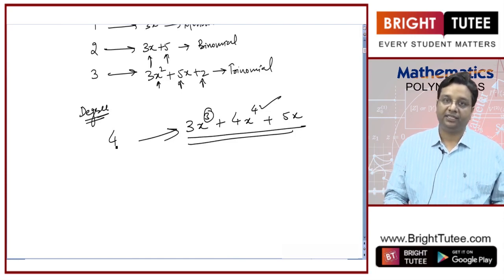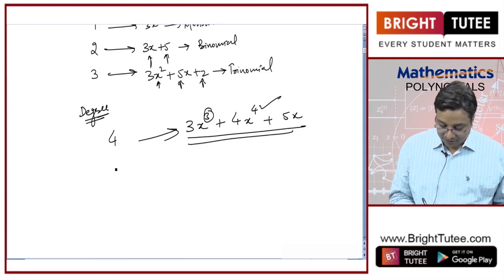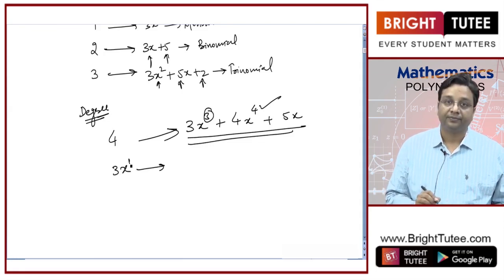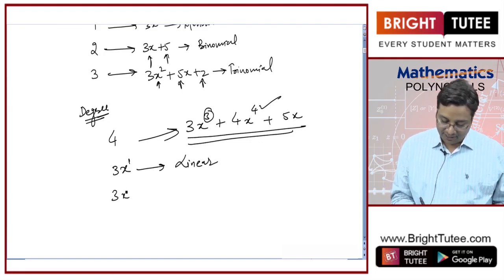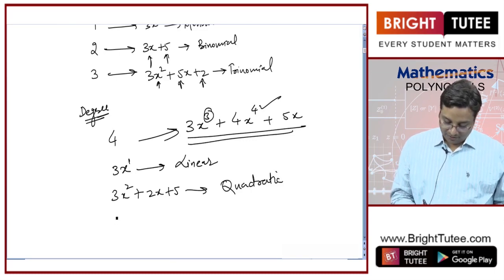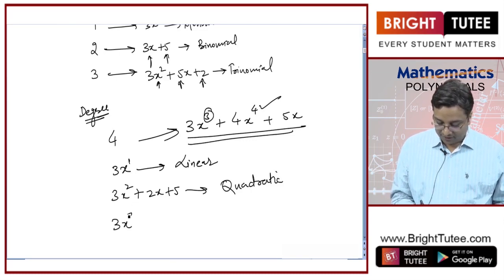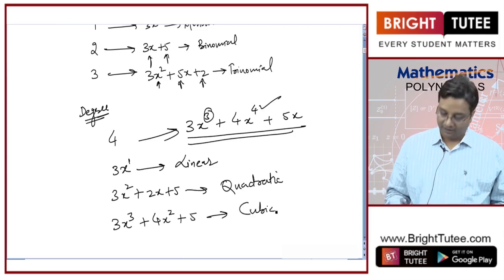And on the basis of degree, we can categorize polynomials. For example, if the highest power is 1, we call it as linear polynomial. If the highest power is 2, we call it as quadratic polynomial. The degree 3 is known as cubic polynomial, right?